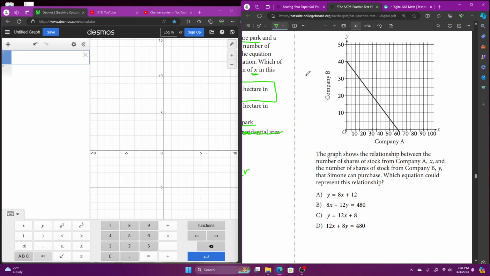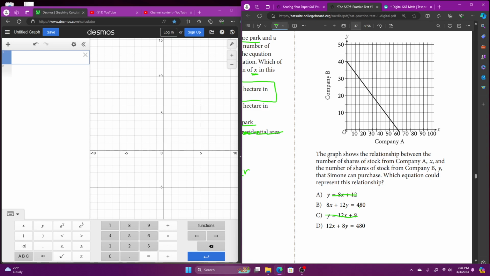Which equation could represent this relationship? And I can see we have a negative slope. So A and C would immediately be out for me. And then we have a y-intercept of 40 and an x-intercept of 60.